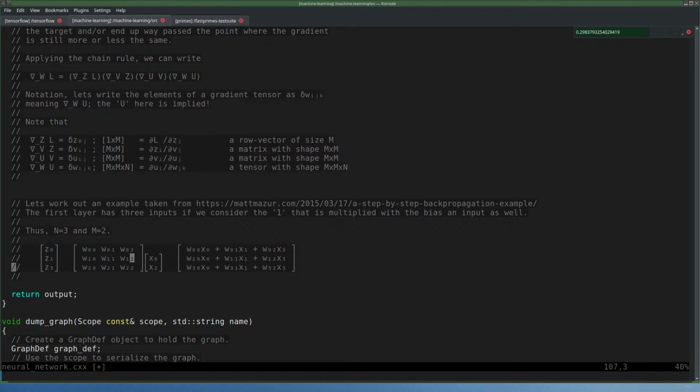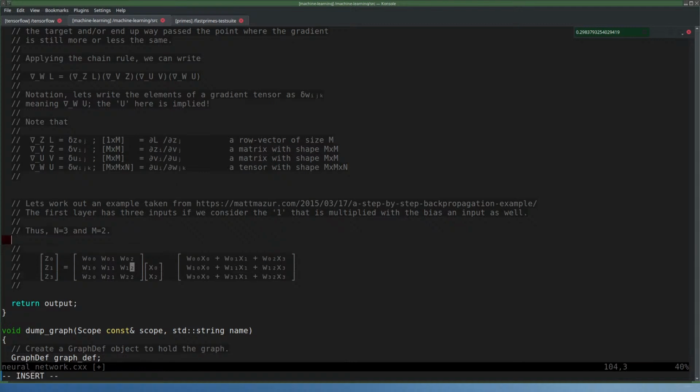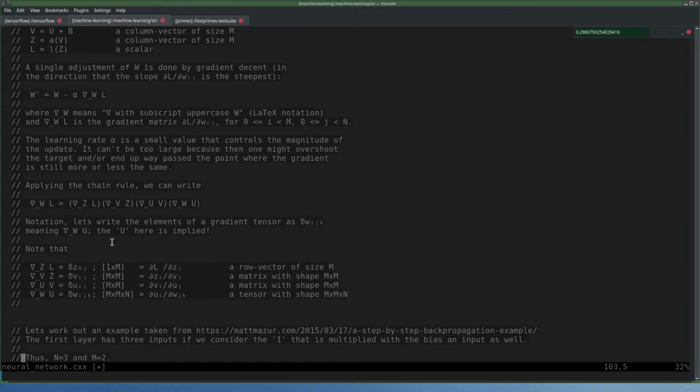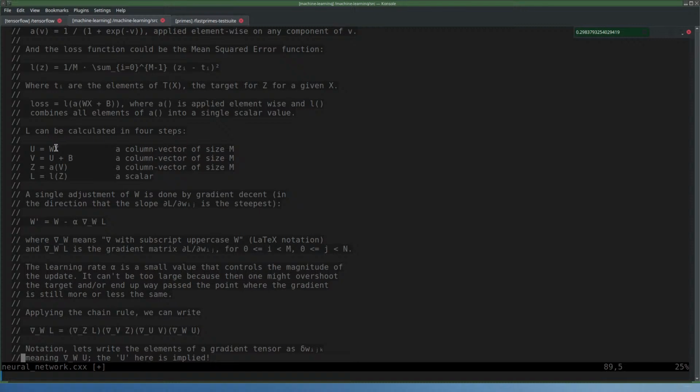So this is calculating what happens when you multiply the input with W. That's U. But we don't have a B anymore, so might as well go to V directly.